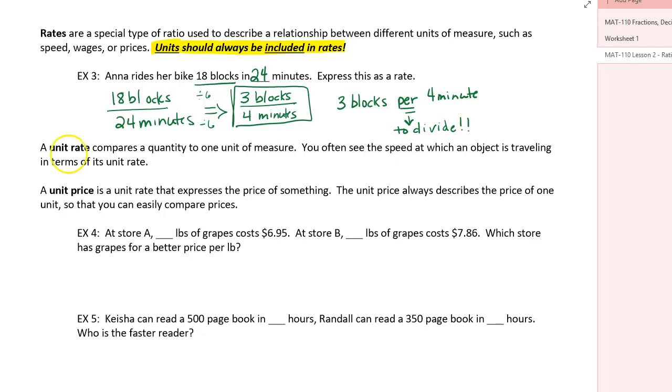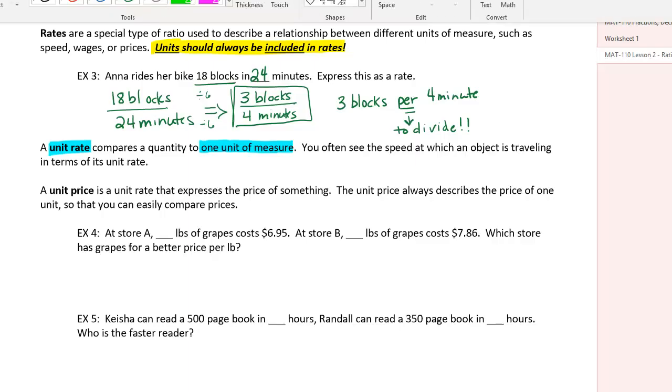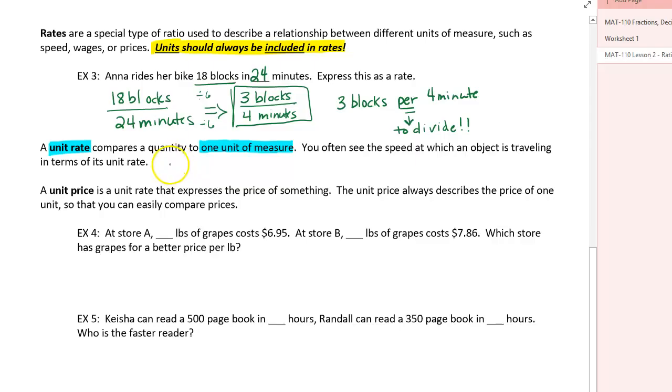So a unit rate, however, is a special rate. A unit rate compares a quantity to one unit of measure. You often see the speed at which an object is traveling in terms of its unit rate. So for instance, you might be familiar with MPH, which stands for miles per hour.